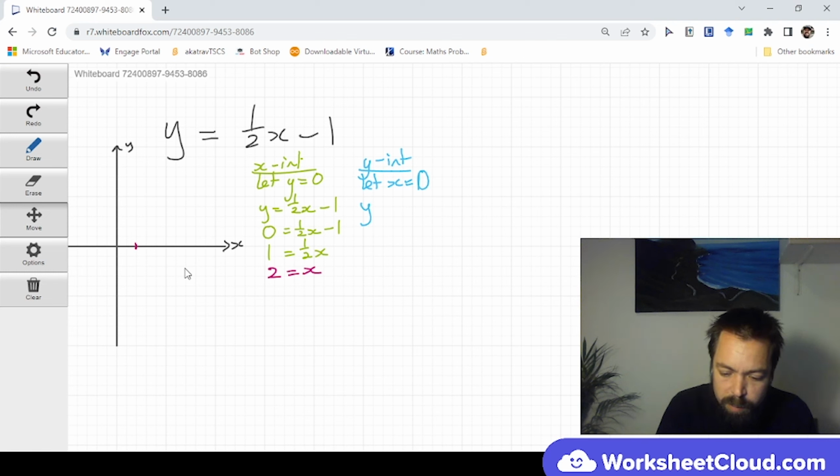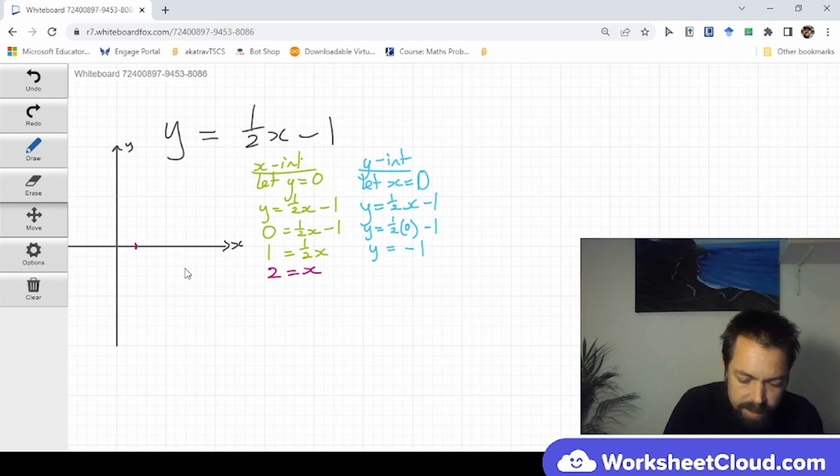Our formula was y equals a half x minus 1, so y equals a half of 0 minus 1. y equals minus 1, which means that we cross the y-axis over there.